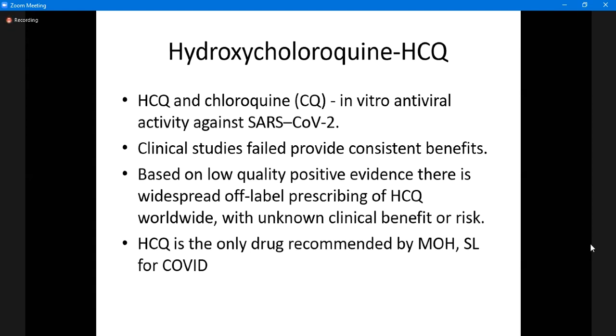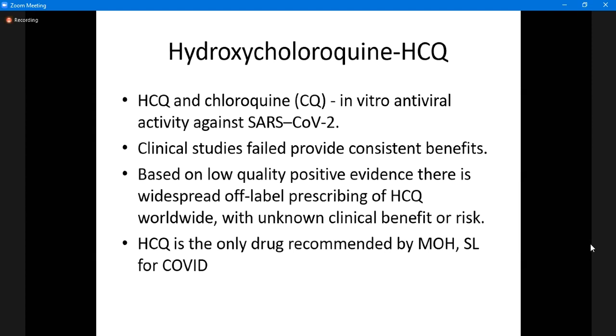As a result, the Chinese government came out in a news briefing and mentioned that both hydroxychloroquine and chloroquine are effective against COVID-19. With that, there was great interest in hydroxychloroquine and chloroquine, and in most countries it became the standard treatment, even though there were no clinical trials showing significant benefit of these agents.